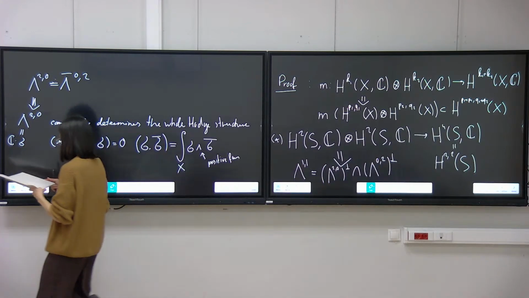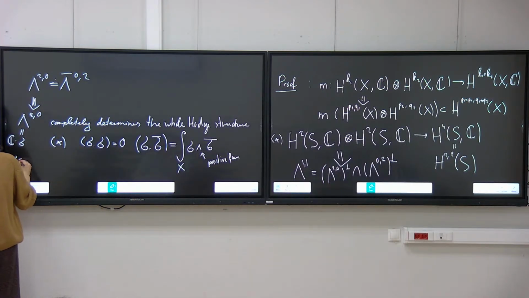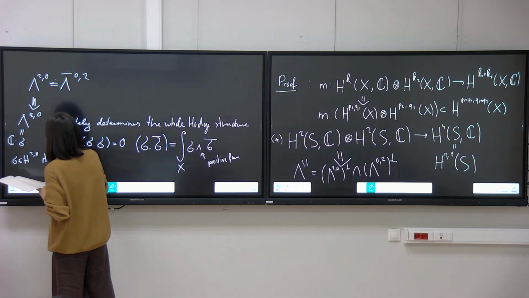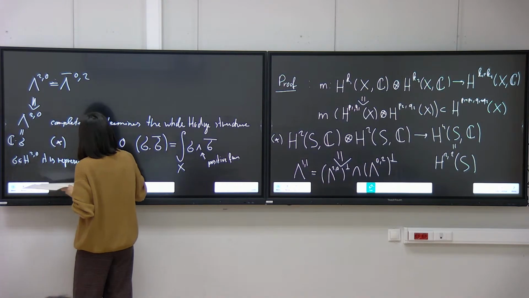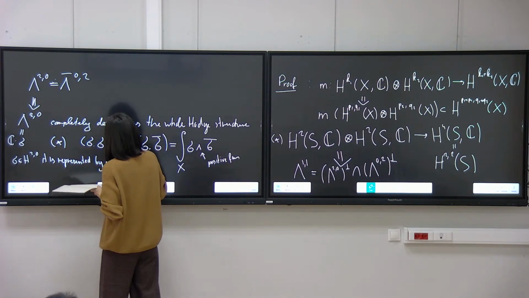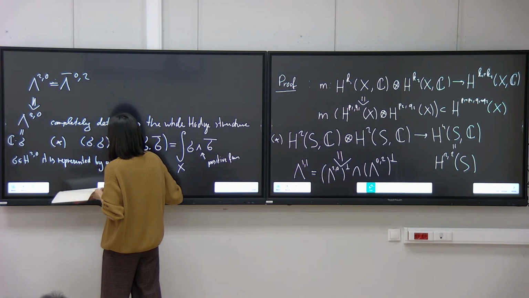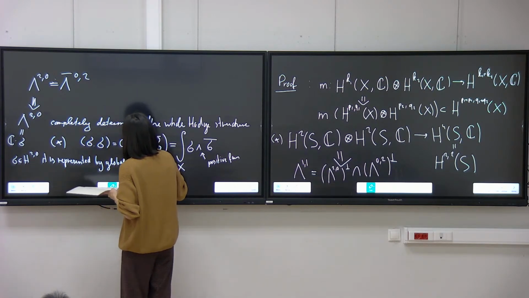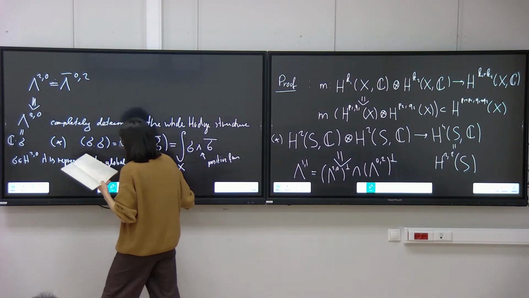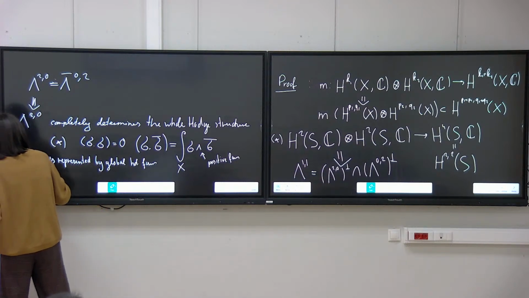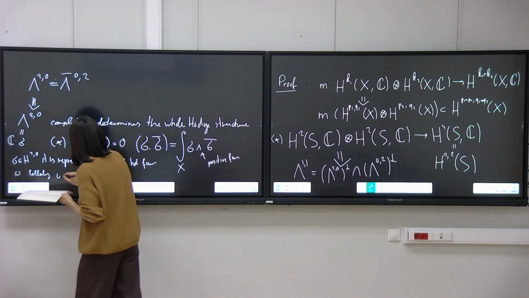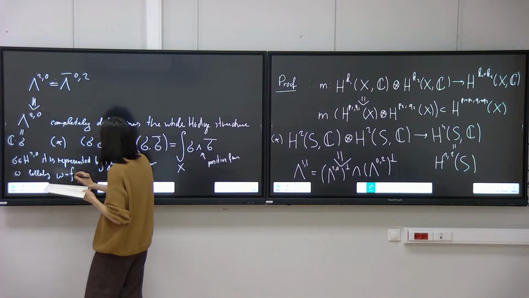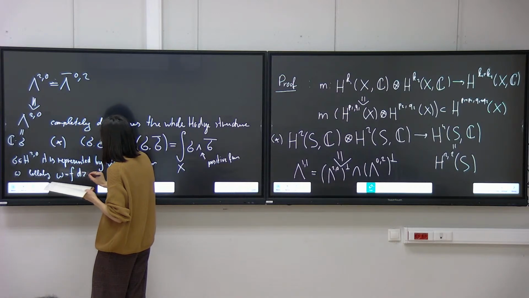Okay, but I think this is a local computation, because if we have an element here, then it is represented by a global holomorphic form omega, and locally this form is some holomorphic form.